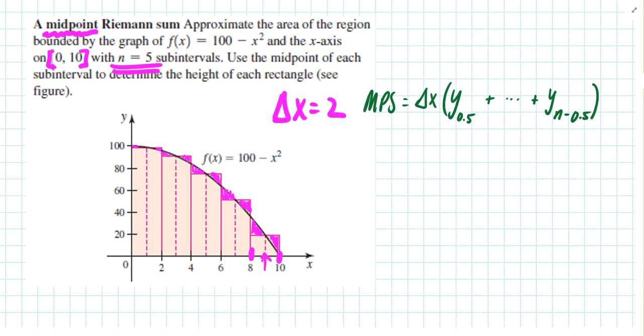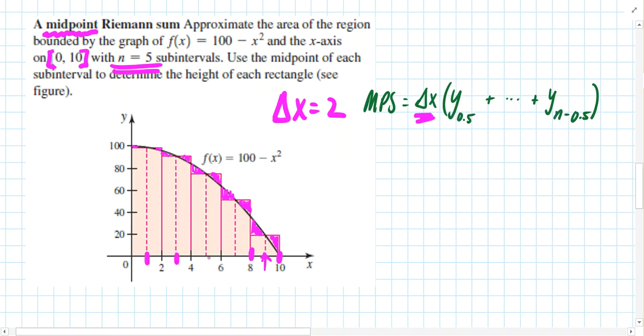Now, as far as the formula for a midpoint sum goes, well, again, each rectangle has a width, an interval width or subinterval width of delta x, but instead of using y sub 0 up to y sub n minus 1 or y sub 1 up to y sub n, we're going on these half increments.